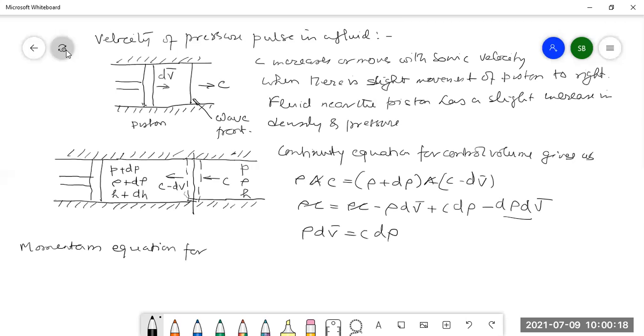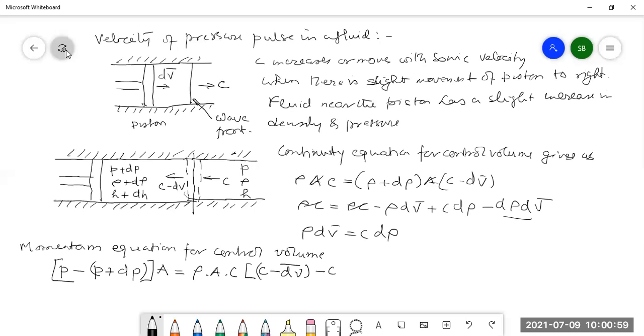It will become P minus P plus dP, the change in pressure multiplied by the area, and this is equal to rho A C multiplied by C minus dV minus C. The sonic velocity is changing, and initially it was the sonic velocity.